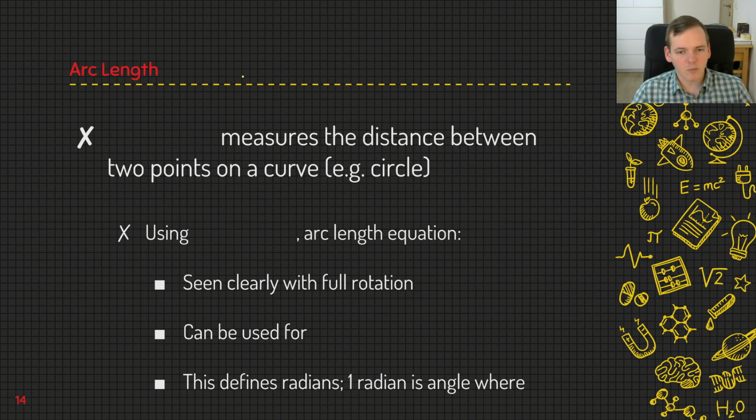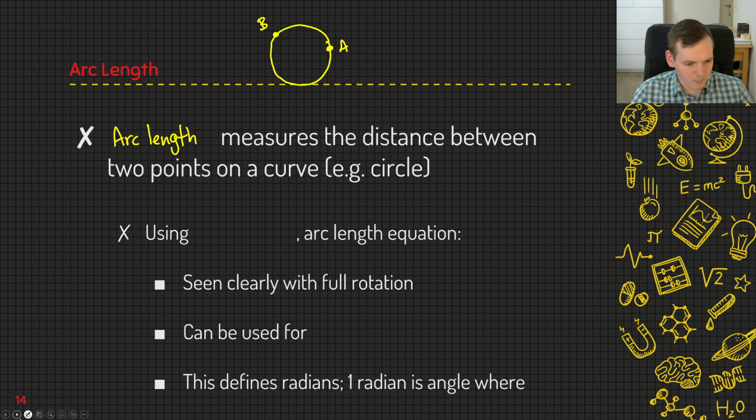The first thing that we need to talk about is arc length. Arc length measures the distance between 2 points on a curve. So imagine we've got a path going along a circle, and I've got a point here, A, and a point B, say over here. Then the distance, like if I lay a string, let me swap to a different color.